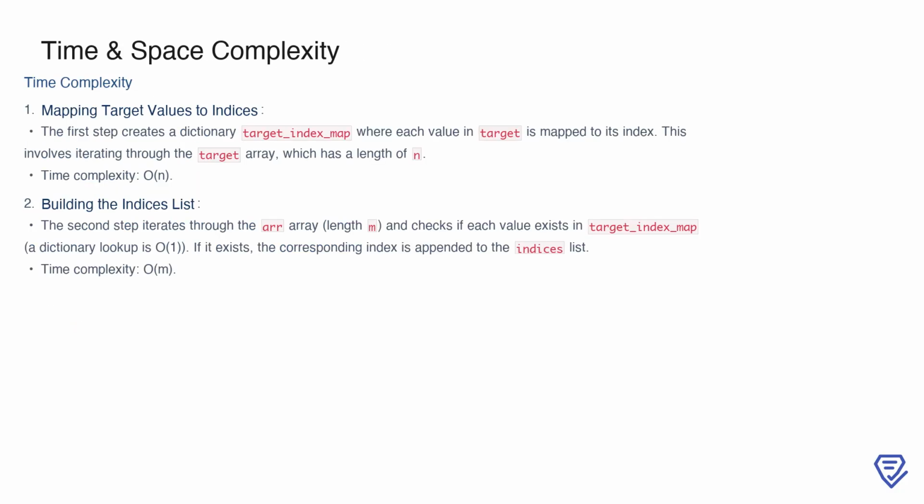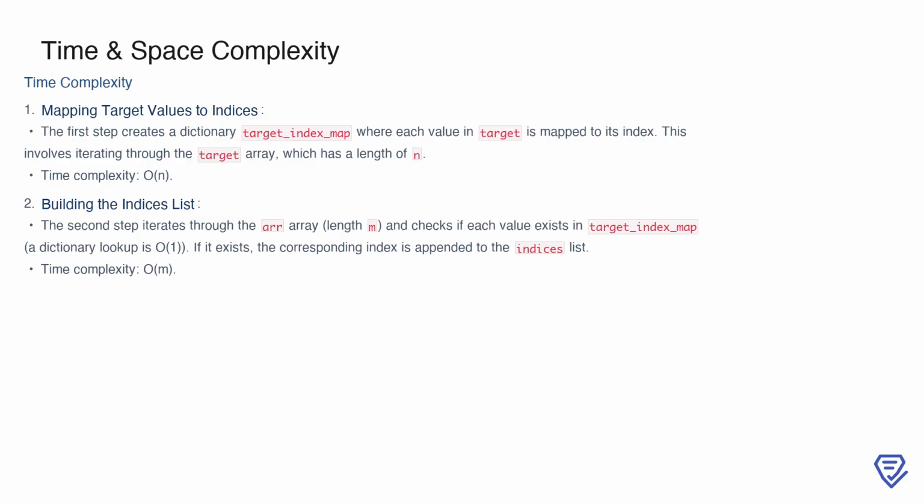To analyze the time complexity, we begin with the step of mapping target values to their indices. Here, we iterate through the target array, which has n elements, to create a dictionary called target_index_map. Each value in target is mapped to its index, and since this is a single pass through the array, this step takes O(n) time.